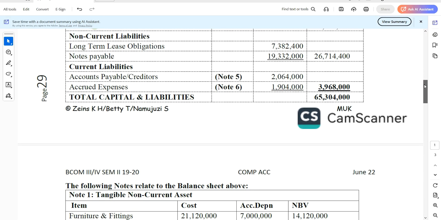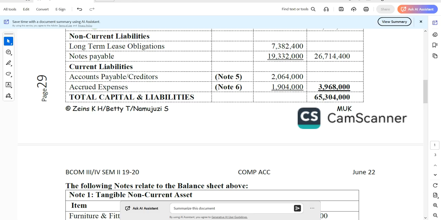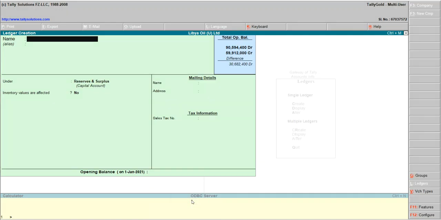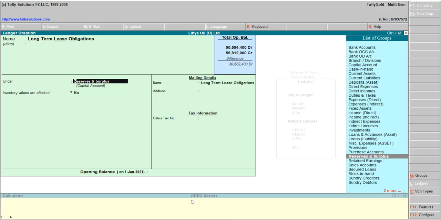Move to the non-current liabilities: long-term lease obligations and then the notes payable. Long-term lease obligation. Now this is under loans in brackets liabilities.